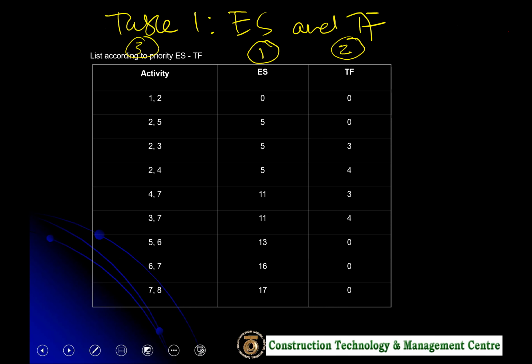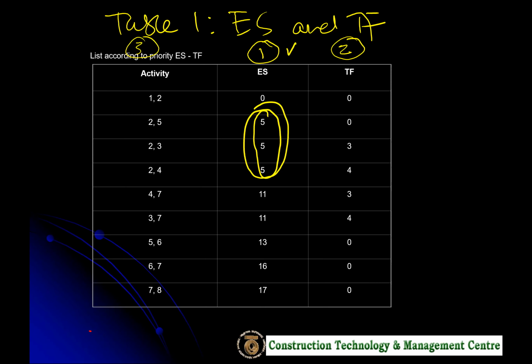Next is what we call table 1. This is the step 1 that I mentioned to you. Now we want to do the sorting. Table 1 is the sorting of early start and total float. The first column is column number 1, and if there is a contradiction in terms of timing, for instance here, you notice there are 3 activities that start at the same time, 5, 5, 5.